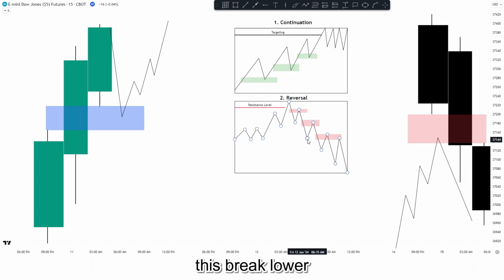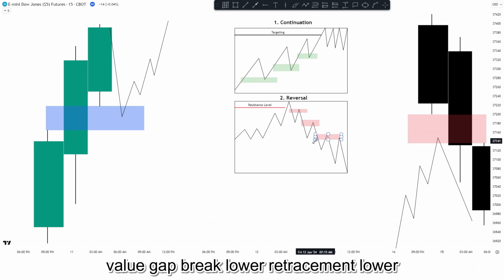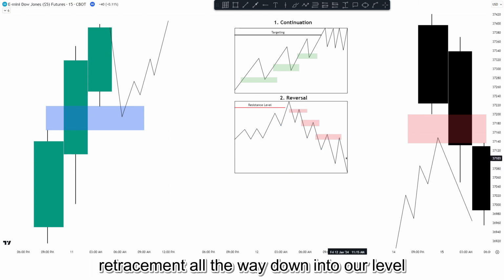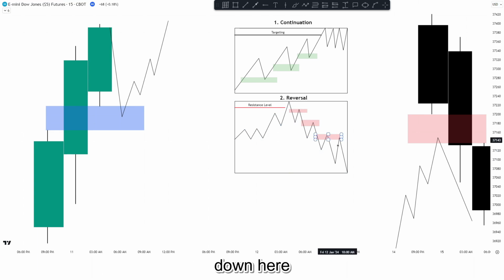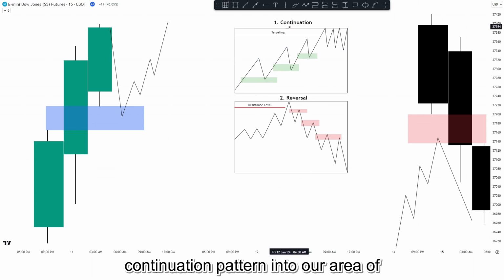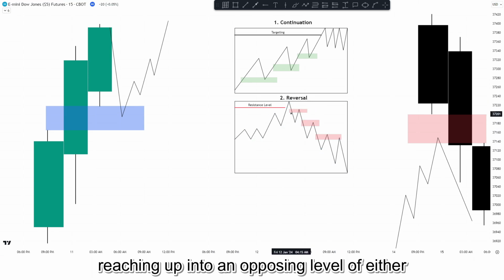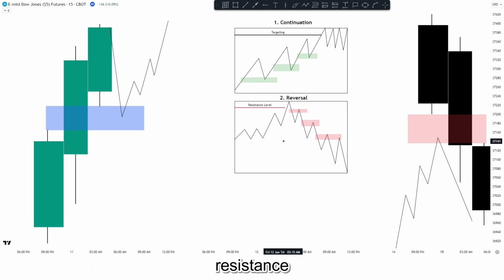Then we see this break lower, retracement back into this bearish fair value gap, break lower, retracement, lower, retracement, all the way down into our level down here. So a fair value gap can either be a continuation pattern into our area of targeting or a reversal pattern after reaching up into an opposing level of either resistance or support.